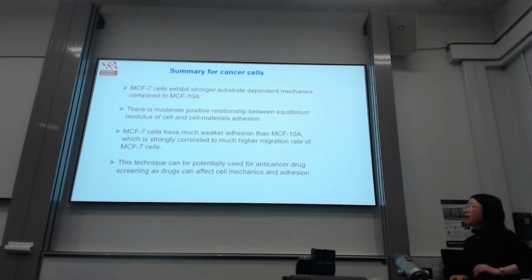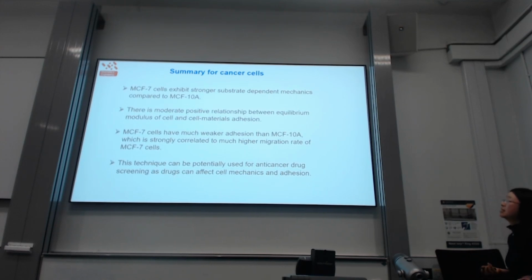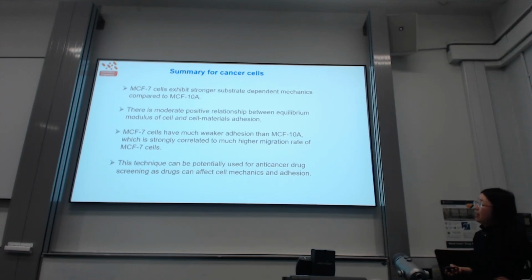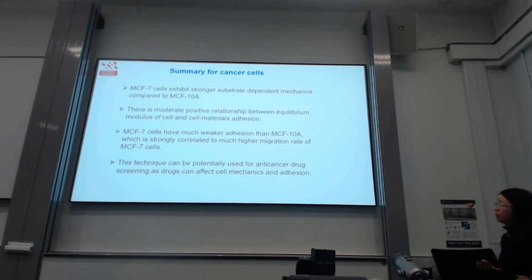Let me briefly summarize this part. For the cancerous cells, we notice a stronger substrate dependence compared to their healthy counterparts. Also, for a given type of cells, either cancerous or healthy, there is a bit of correlation between the equilibrium modulus and the adhesion to the materials.